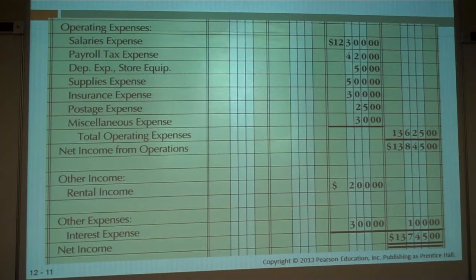So there's our income statement. This is below what we just calculated, our expenses. Remember on the income statement, the ICE, income, cost, and expense.